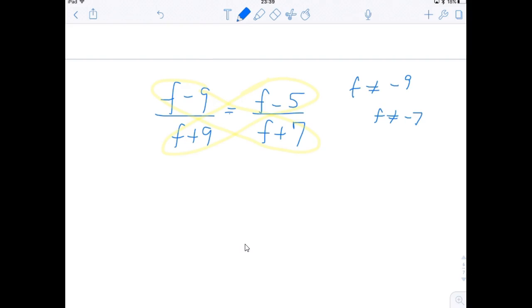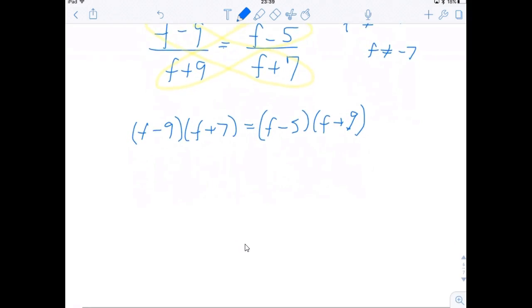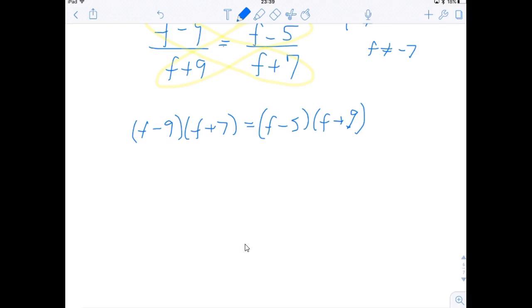So we are going to do cross multiplication. And when we do cross multiplication, we are going to do FOIL. The reason why we're going to do FOIL is we need to combine like terms, try to put everything on the left side and put 0 on the right side, and then we use factoring to see if we can figure out what f should be.